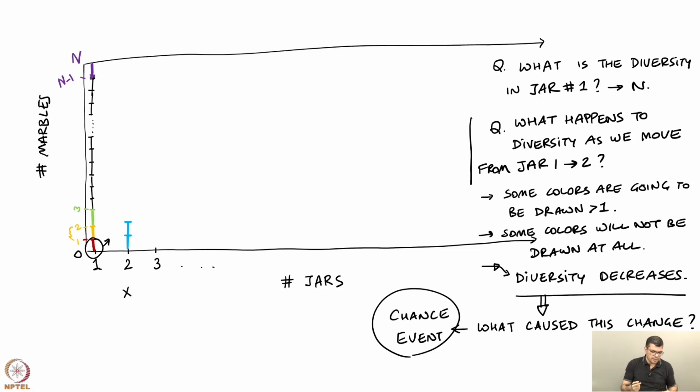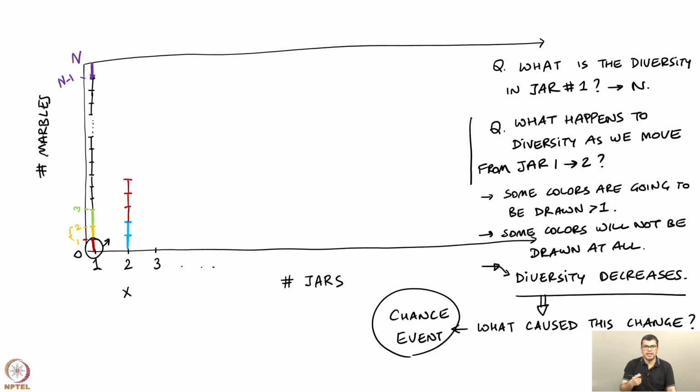To realize this again, maybe if I play this game once and the red color does not make it to jar 2, maybe when I play this game tomorrow, red color is drawn 3 times, in which case red color is now massively overrepresented.